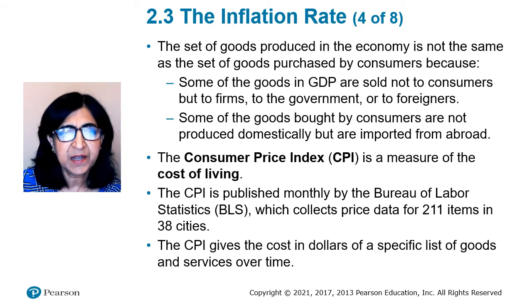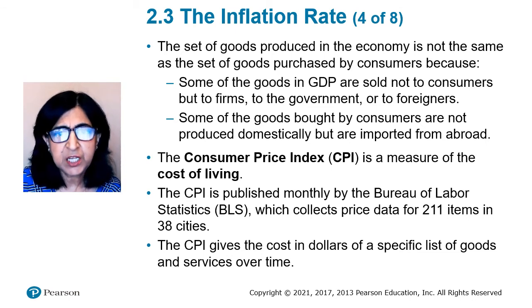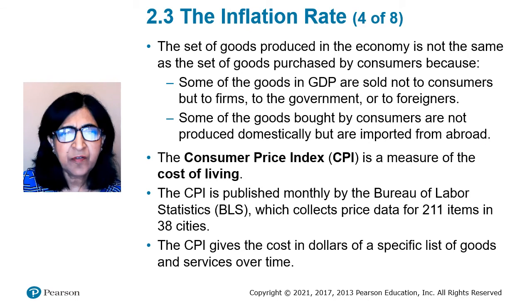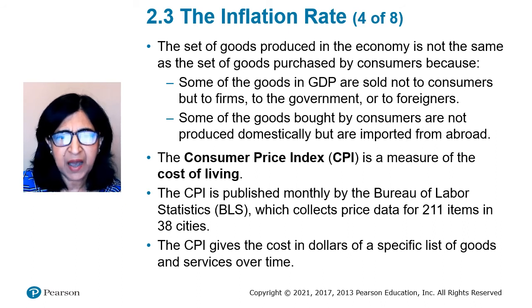As stated in the previous slide, the GDP deflator gives the average price of output, the final goods produced in the economy. But consumers care about the average price of consumption, the goods they consume. The two prices may not be the same. Indeed, the more commonly stated measure of inflation is the Consumer Price Index or CPI.